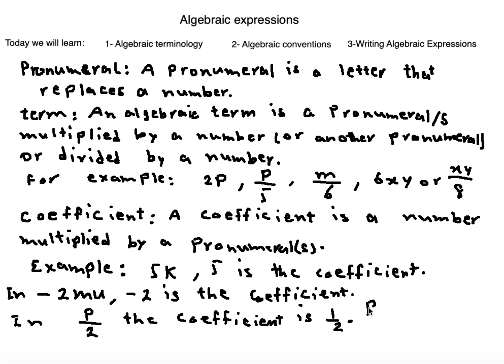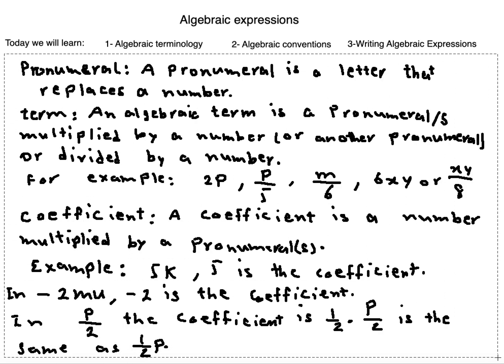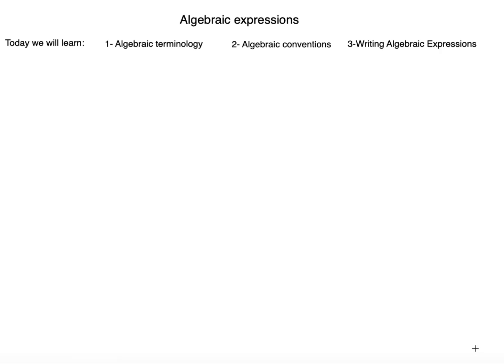Because p on 2 is the same as half p, half times p. So what's times by p? Half. So then half is the coefficient of the pronumeral here.